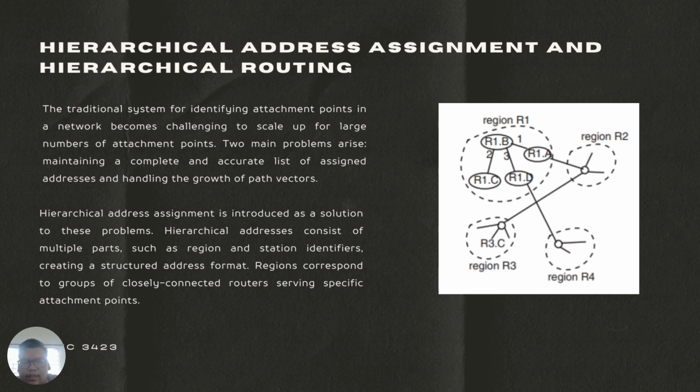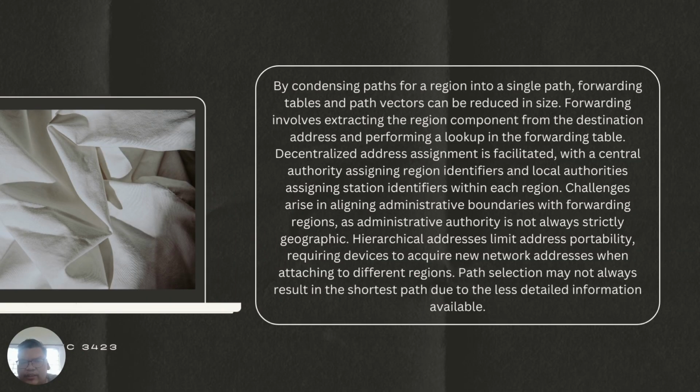Hierarchical addresses consist of multiple parts such as a region and a station identifier, creating a structured address format. A region corresponds to a group of closely connected routers serving specific attachment points. By condensing paths for a region into a single path, forwarding tables and path vectors can be reduced in size.